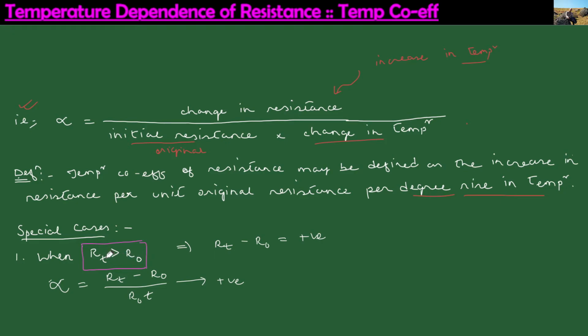When the resistance of the conductor at a higher temperature is more than the resistance of the conductor at a lower temperature, then the temperature coefficient is positive.